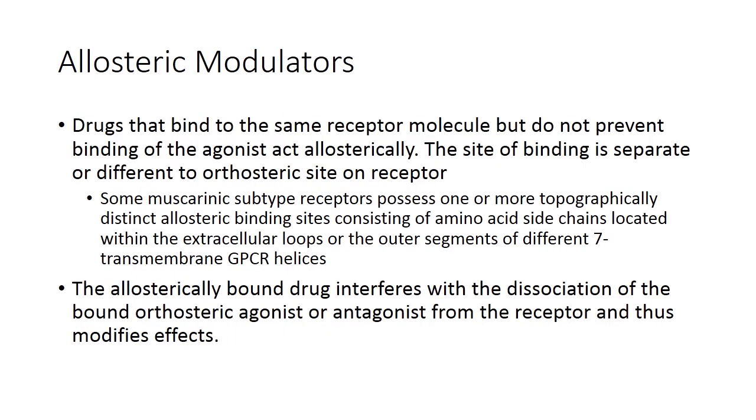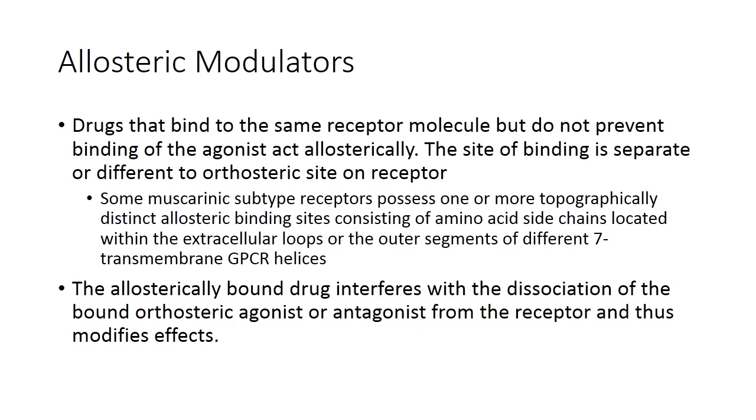Drugs that bind to the same receptor but do not prevent binding of the agonist act allosterically. The site of binding is always different, away or separate from the orthosteric binding site of the receptor. For example, muscarinic subtype receptors possess one or more topographically distinct binding sites.